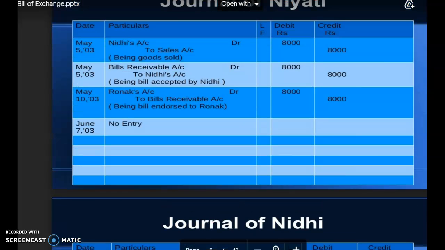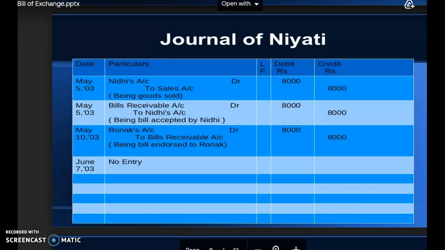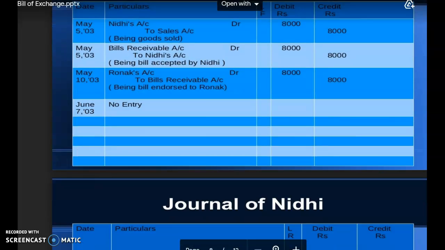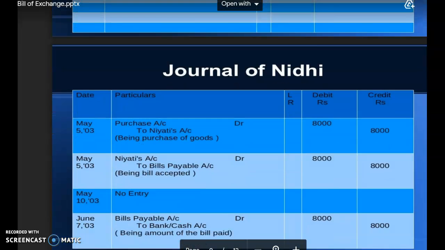Now we all know the second entry will be with reference to the acceptance of the bill or the bill received. As Neti is the drawer, she will have the entry in her books: bills receivable account debit to Nidhi for rupees 8,000, as the bill is accepted by Nidhi. Now Nidhi will record an entry in her books as she has to make the payment: Neti account debit to bills payable.